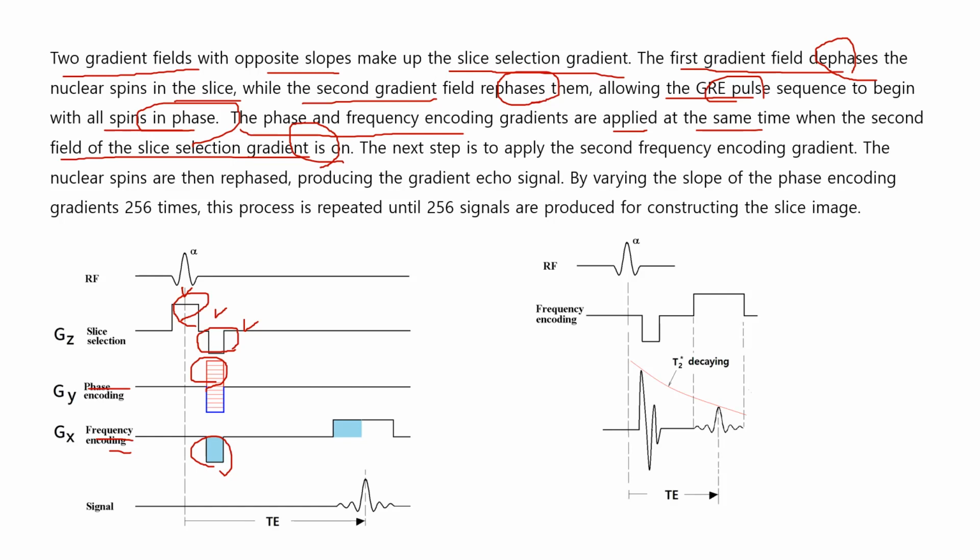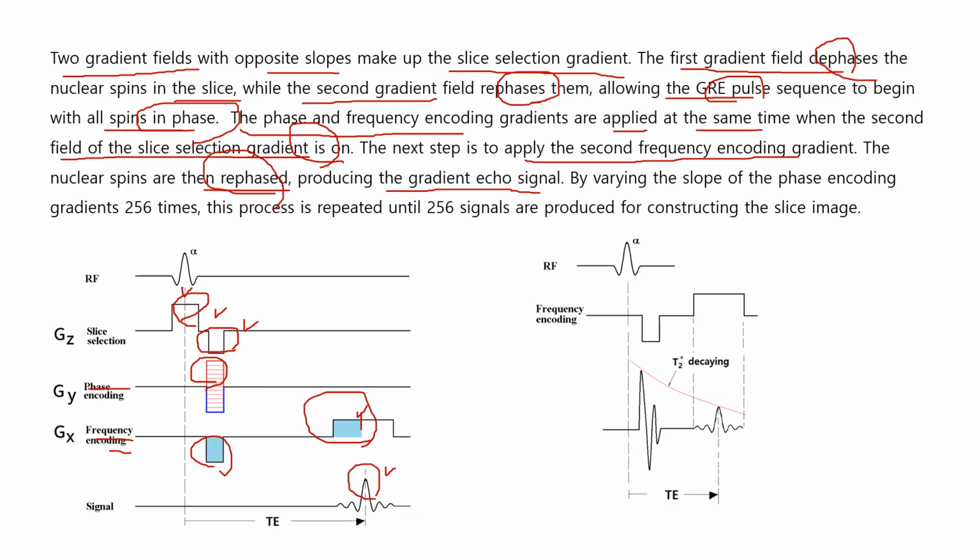Next step is to apply the second frequency encoding gradient, this one. The nuclear spins are then rephased, producing the gradient echo signal. At the center of the second frequency encoding gradient, the signal has its maximum.